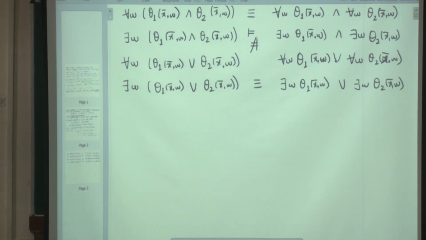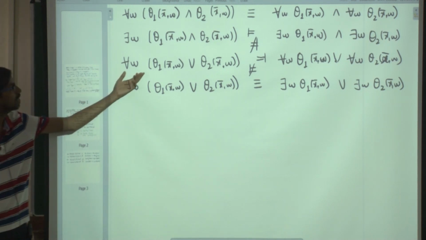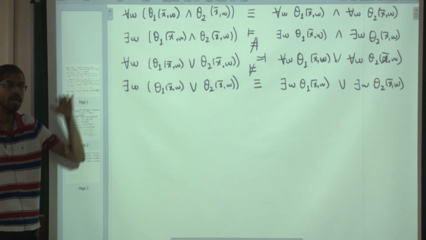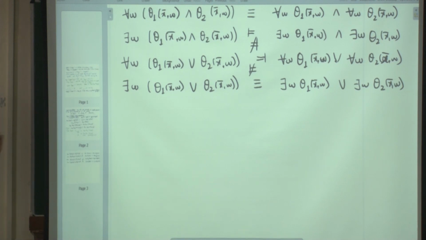Okay, what about the third one? Which side is true? Which side implies what? Right side implies left side, yeah? So this one is true over here, but this side is not. Because what could happen here is maybe for one element theta 1 is true and for all the other elements theta 2 is true.